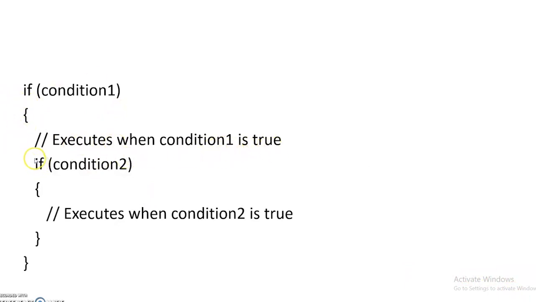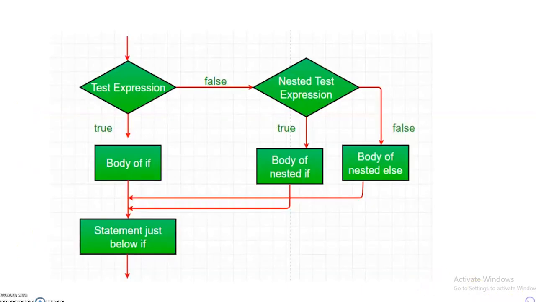Within the true statement, there is another check: if condition 2, then execute the condition 2 block. An if statement completely within another if statement is nested if.